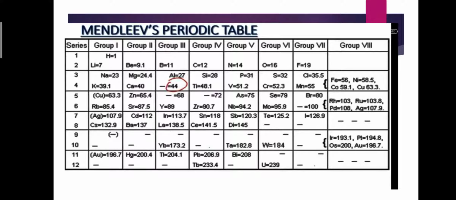Some people thought this was crazy, but soon 3 new elements were discovered, matching his predictions. This helped to convince other chemists, and his table was finally accepted.